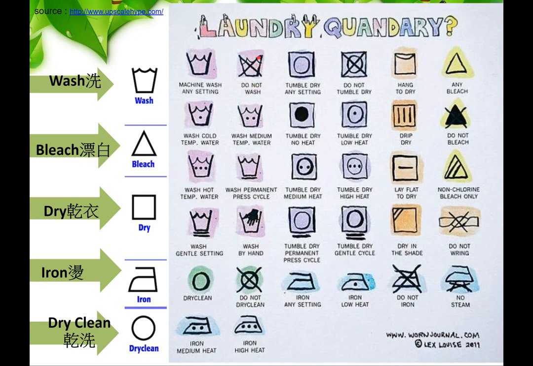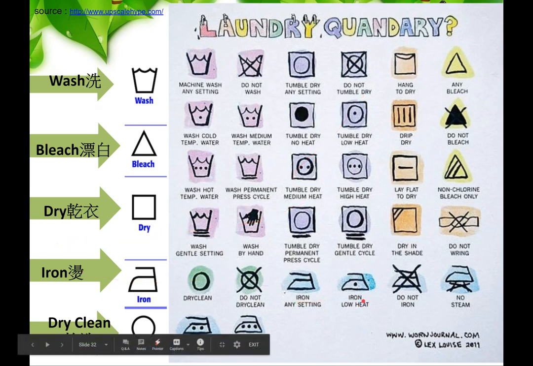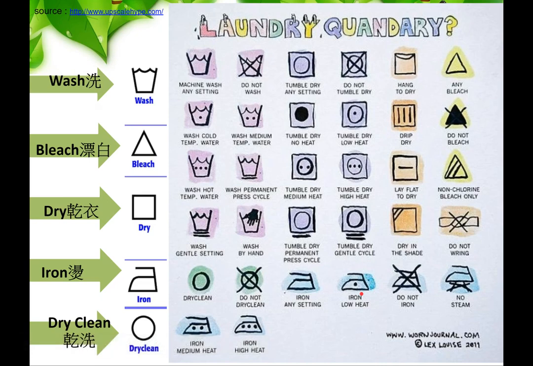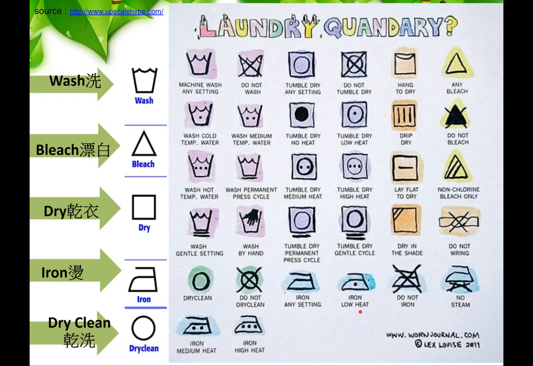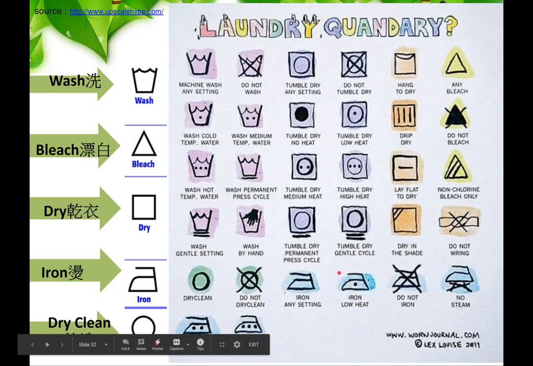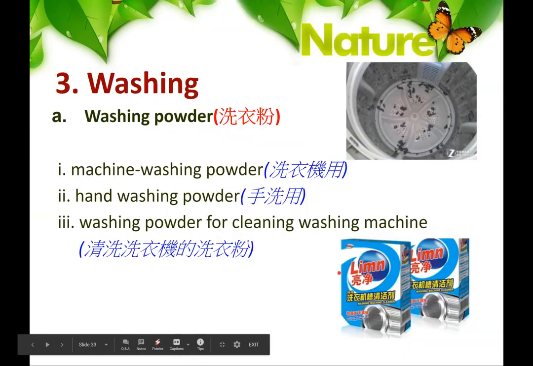So you can see a cross over the bucket, that means do not wash, and a cross over a circle means do not tumble dry, etc. And you may note that for ironing, when you see just one dot over there, that means iron the clothes with low heat. And if you see two dots, that means iron the clothes with medium heat. So this is just for your reference.